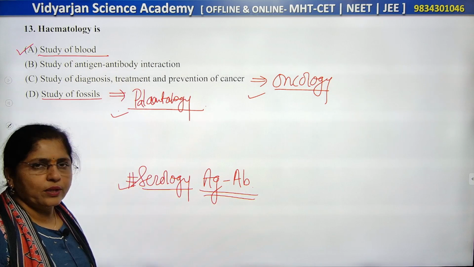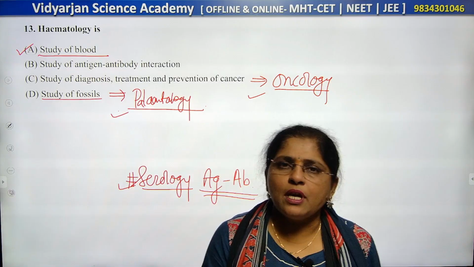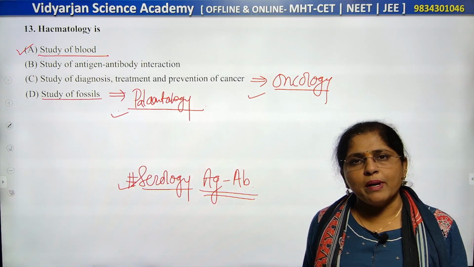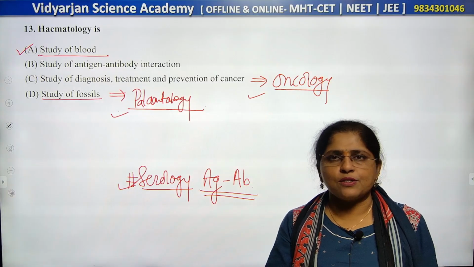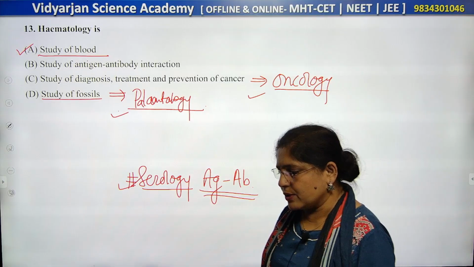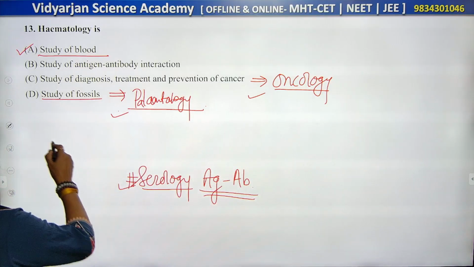You can note down the rest of these also. Besides that, there are many more peripheral branches of biology. You should make a list of them so that if they are asking you in your options, you should be able to trace out the correct answer. It will help you a lot.